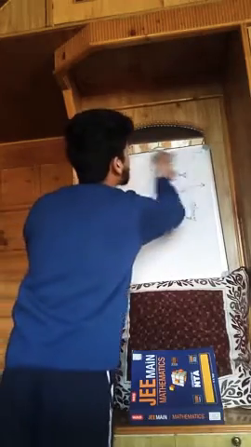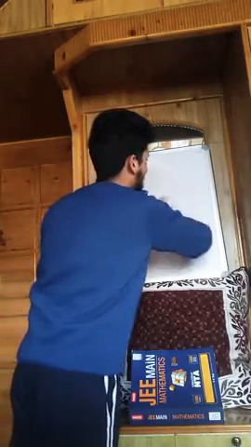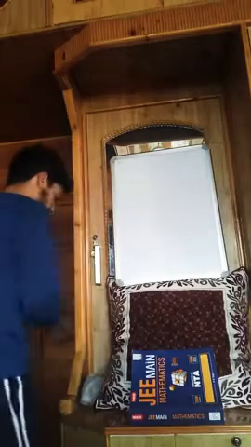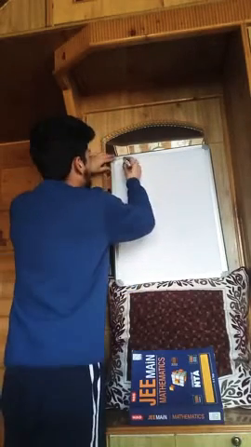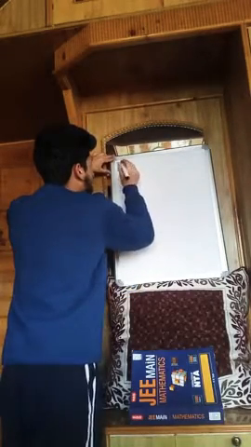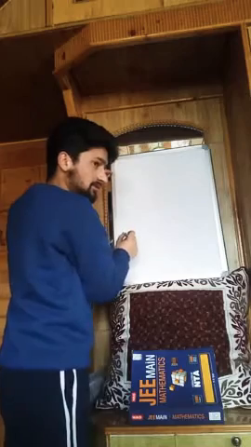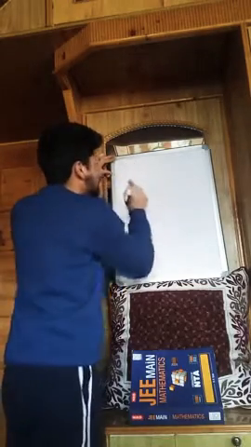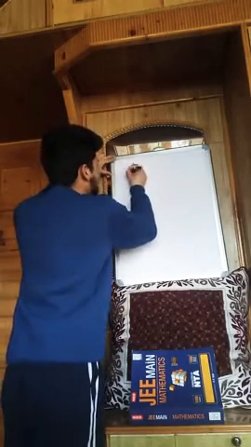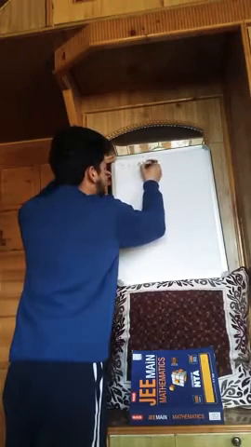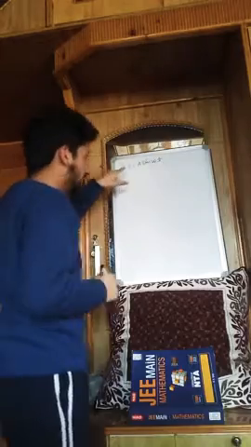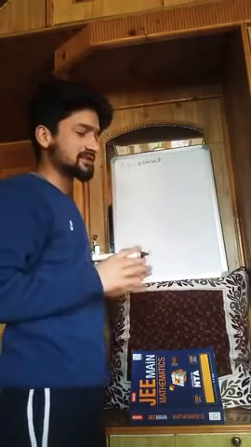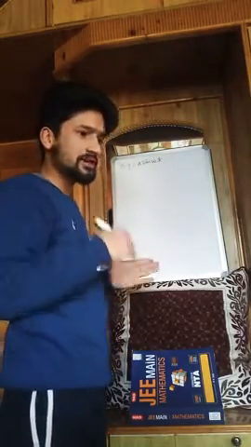Now let's move on to the other topic. You know that if a particle executes simple harmonic motion, its equation for displacement is given by y equal to a sine of omega t, and we write this equation if the particle starts its motion from the mean position.